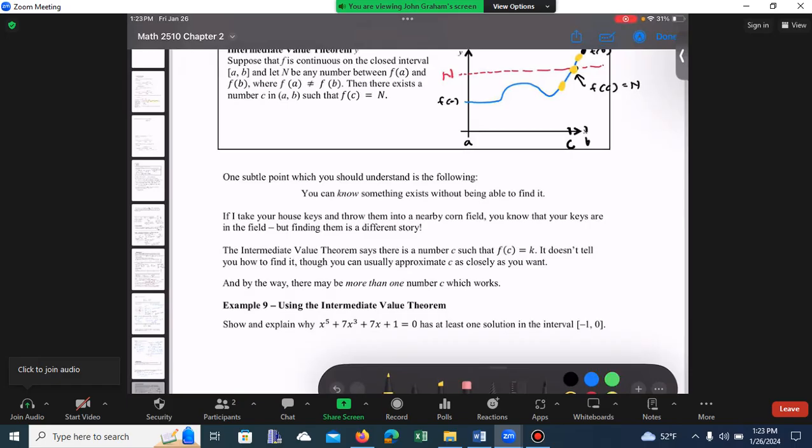You can think of it as if you throw your house keys into a cornfield: you know they're out there, you just don't know where they are, and finding them may be a lot harder. So the intermediate value theorem says there is a number c such that f of c equals k, k being the y value here, say n.